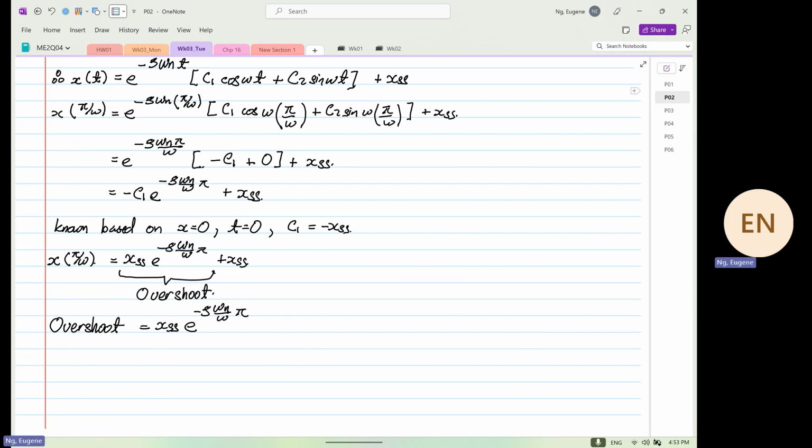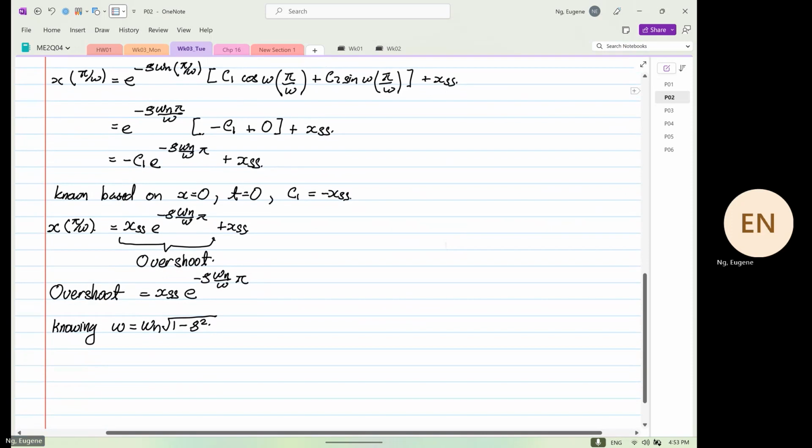And we already derived that omega is equal to, we just derived it, omega n square root of 1 minus zeta squared, right? We derived this earlier.